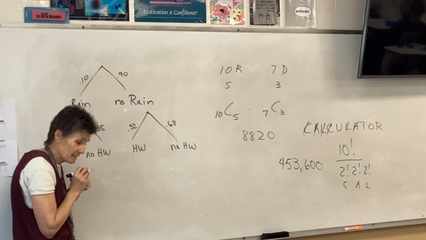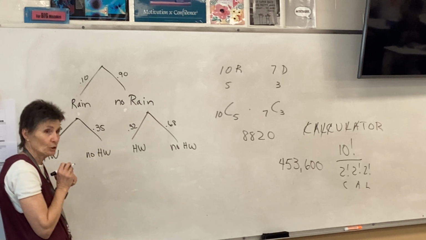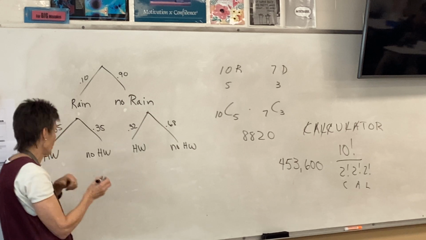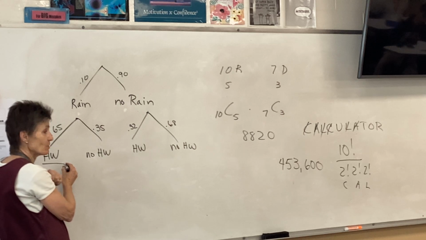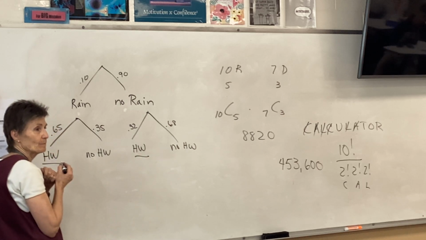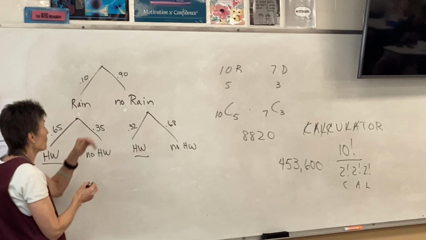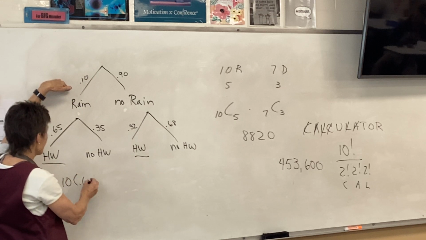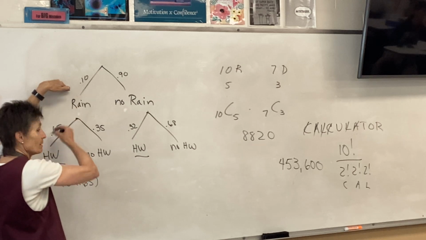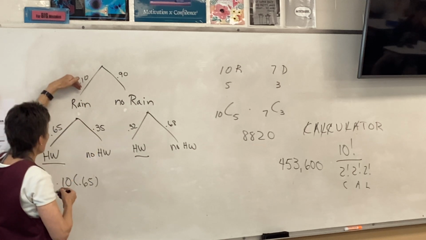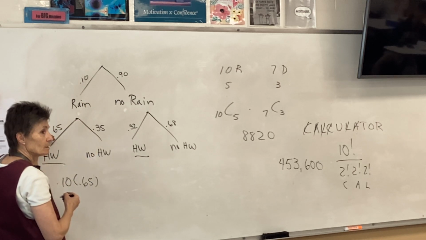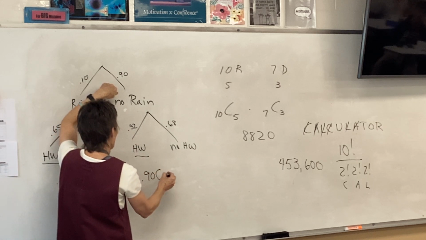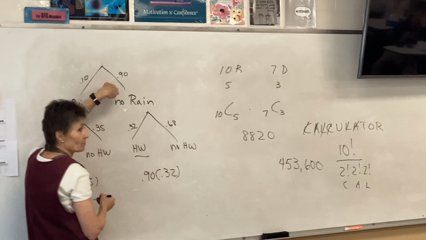Find the probability that Tim will do the homework. So will do the homework means this branch and this branch. So here we go. 0.10 and 0.65 are going to get multiplied. That is rain and homework. 0.9 and 0.32 are going to get multiplied.